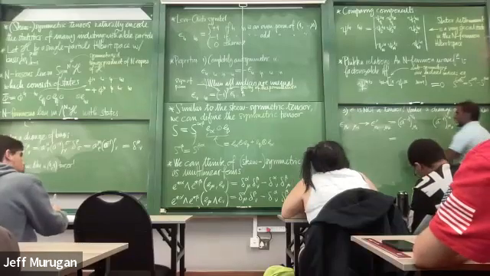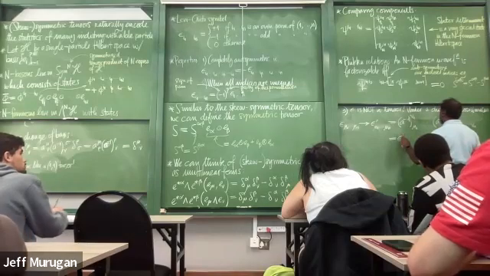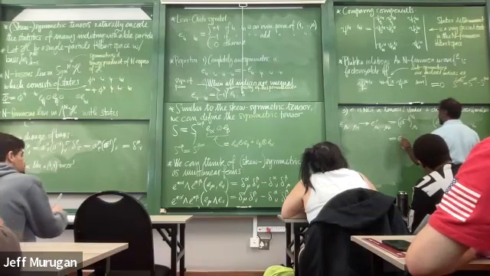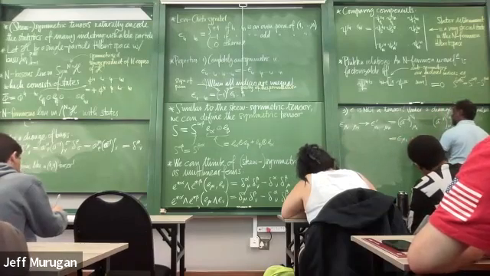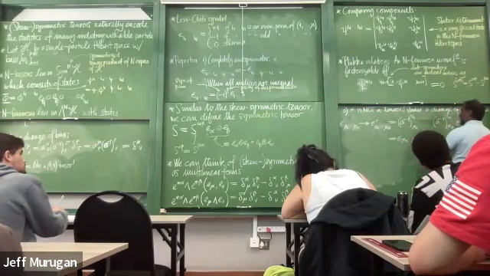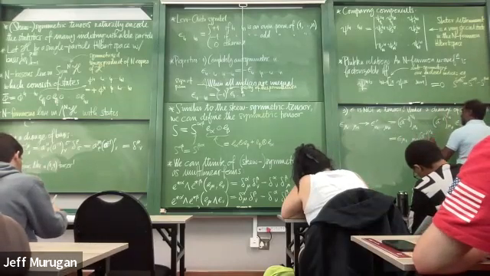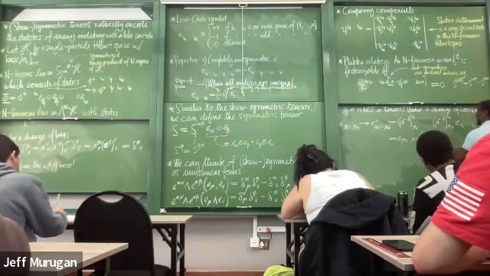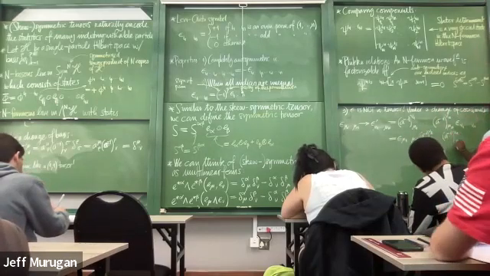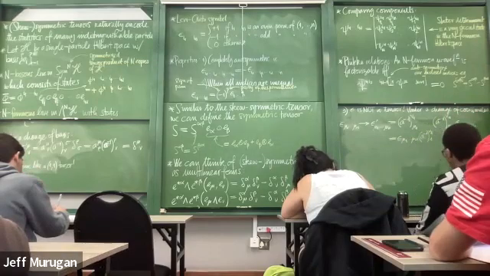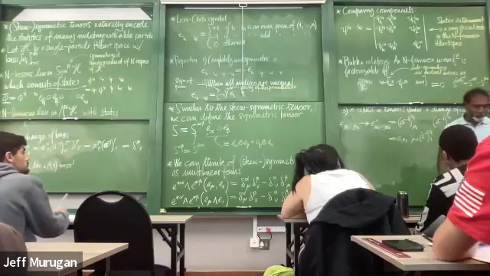This guy is epsilon mu1 to mu n, A inverse mu1 1 all the way through to A inverse mu n and epsilon mu1 to mu n.